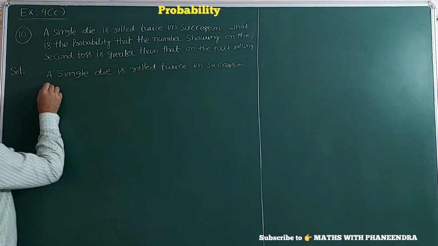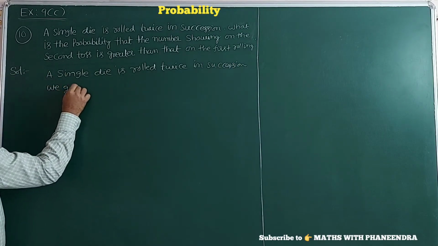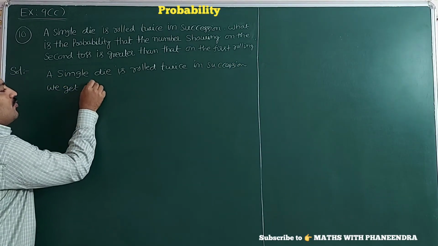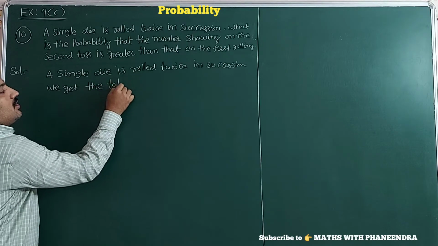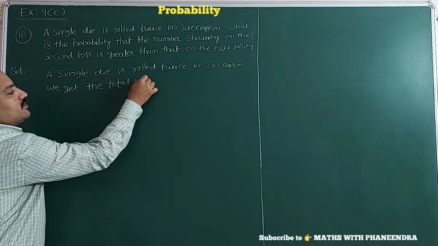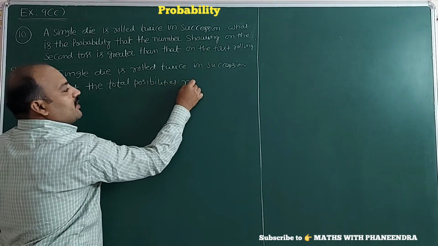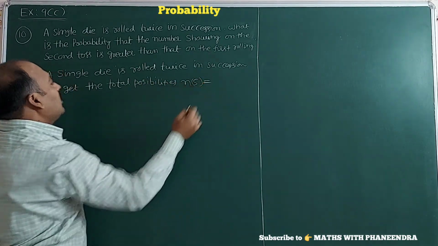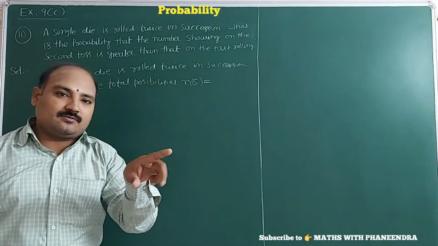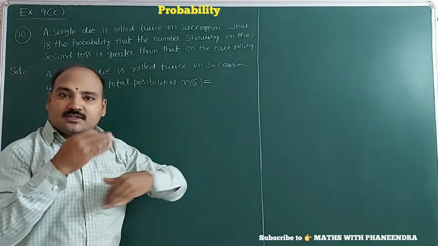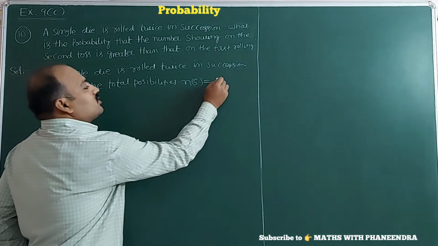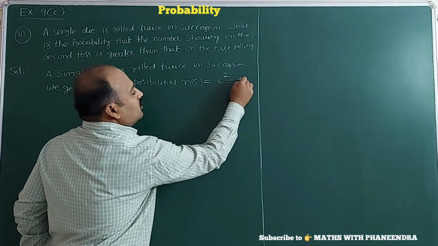We get the total number of possibilities. n of S is equal to, see, single die is 6, twice is rolling in succession, 6 into 6. So 6 square, that is equal to 36.